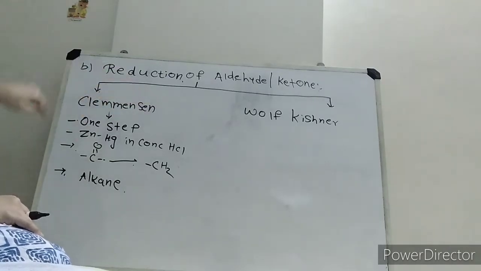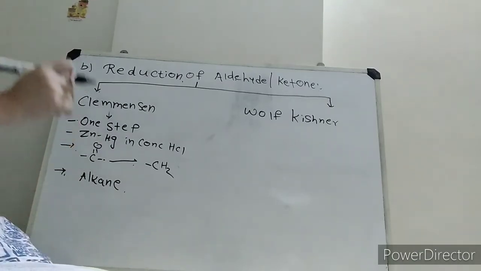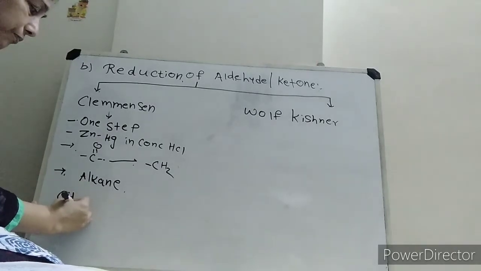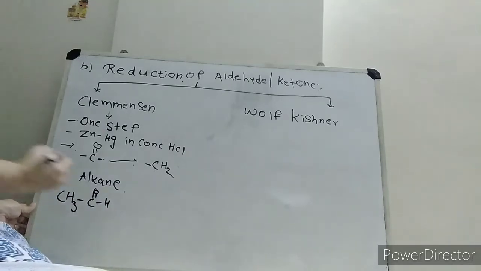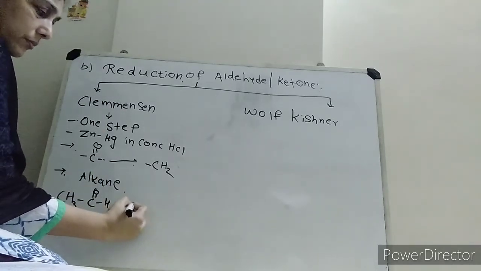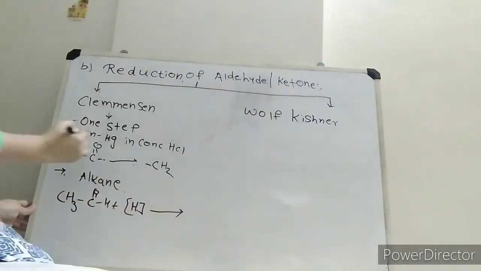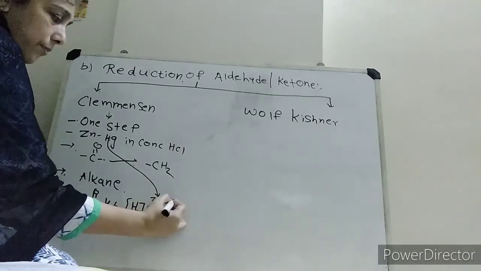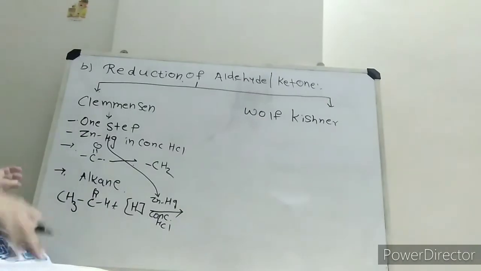Suppose we take one example, acetaldehyde, CH3CHO, plus hydrogen, because it is reduction. On the arrow, as I said, we write ZnHg, concentrated HCl.